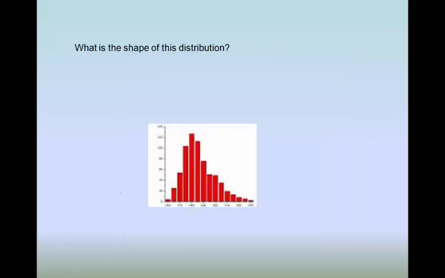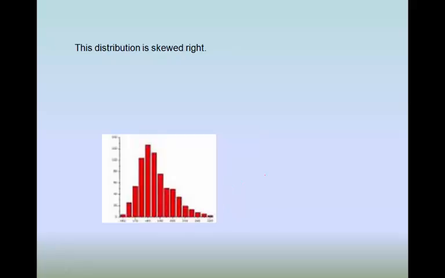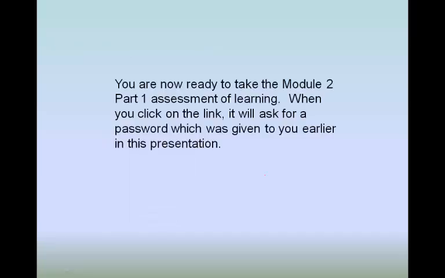What's the shape of this distribution? This distribution is skewed right because the tail is on the right.